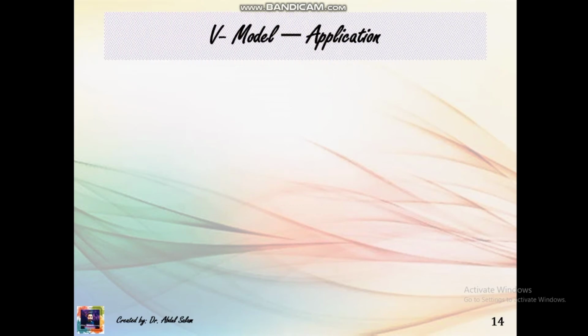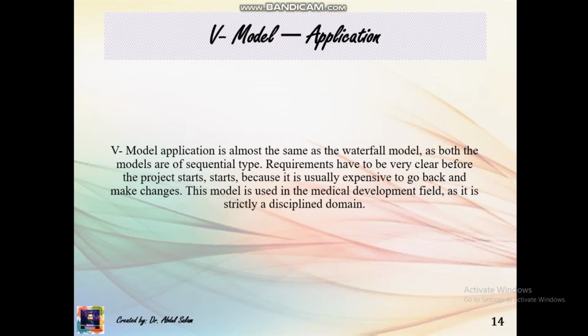V model application. V model application is almost the same as the waterfall model, as both the models are of sequential type. Requirements have to be very clear before the project starts because it is usually expensive to go back and make changes. This model is used in the medical development field as it is strictly a disciplined domain.